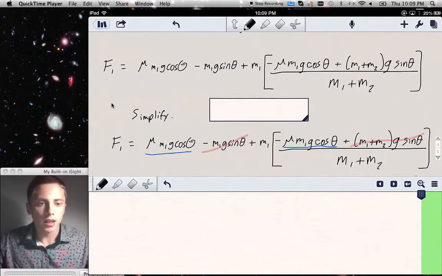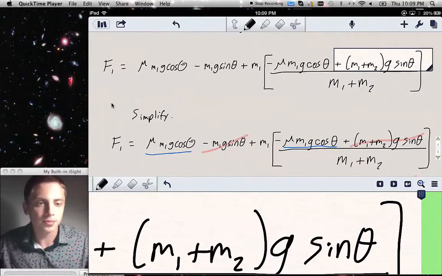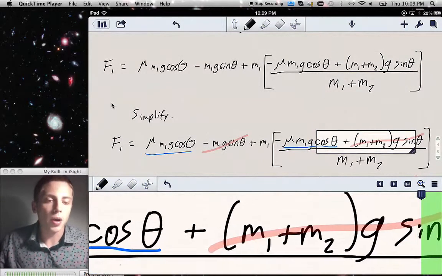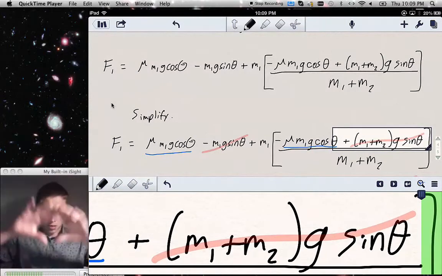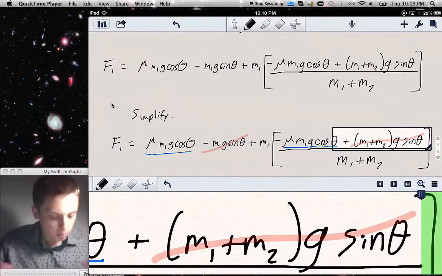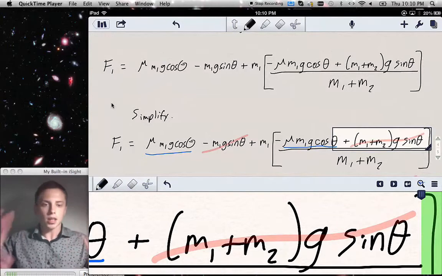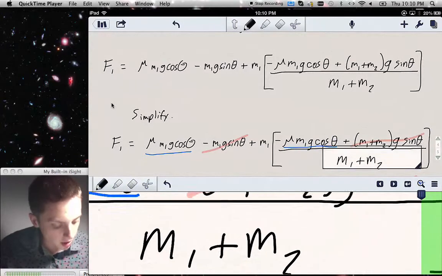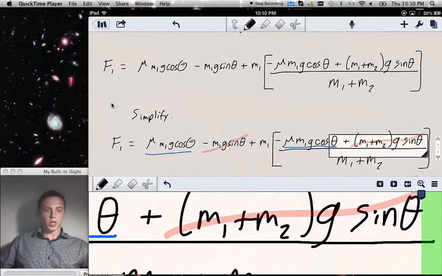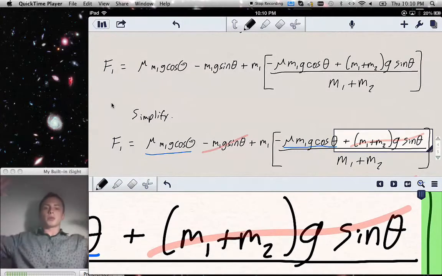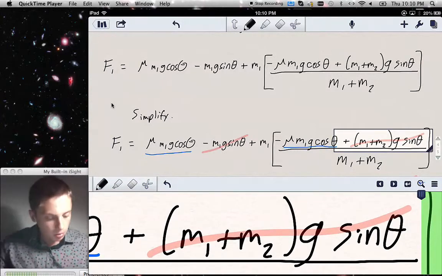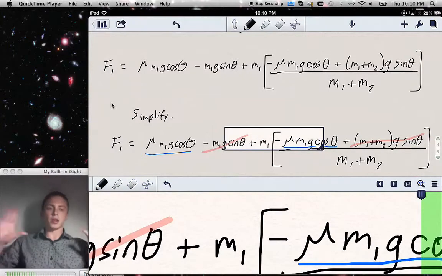Let's look at this first term. I can go ahead and split the sum in this numerator. I divide each term by the denominator, which is m1 plus m2. So for this term here, m1 plus m2 will get canceled, and we'll multiply it by this m1 way out in front of these brackets.